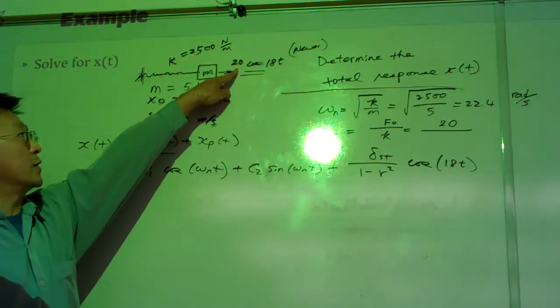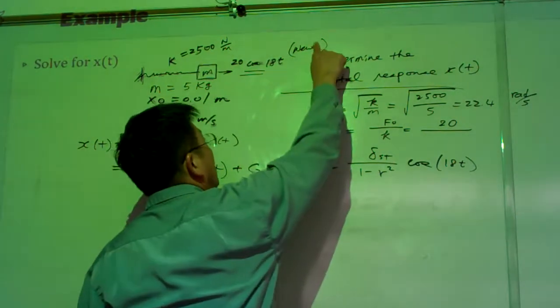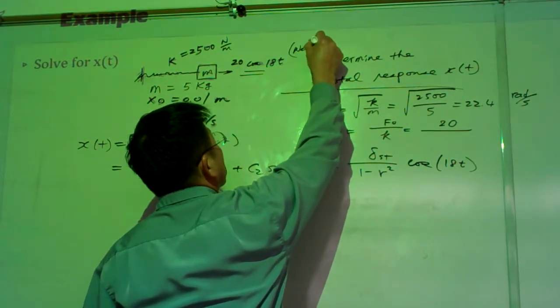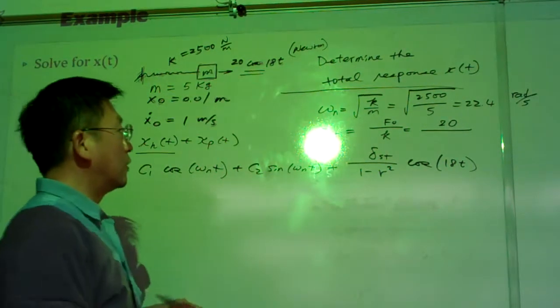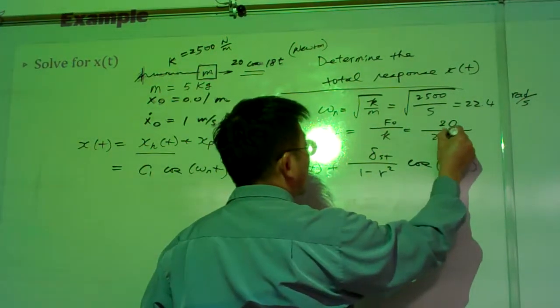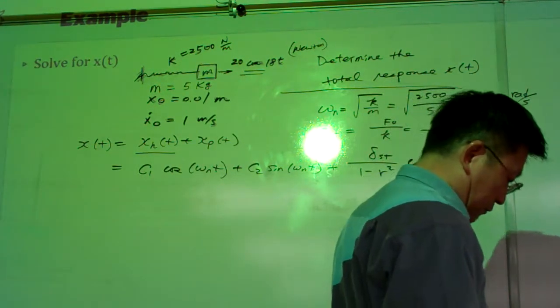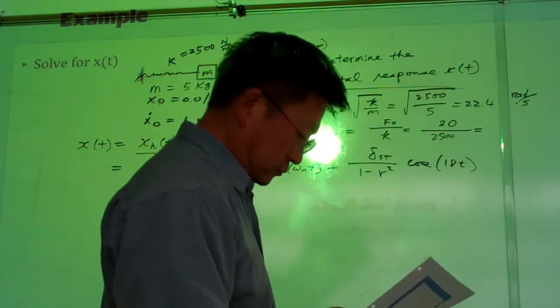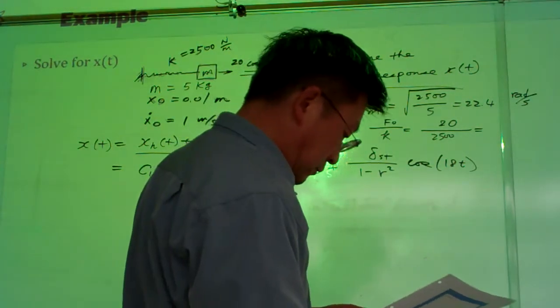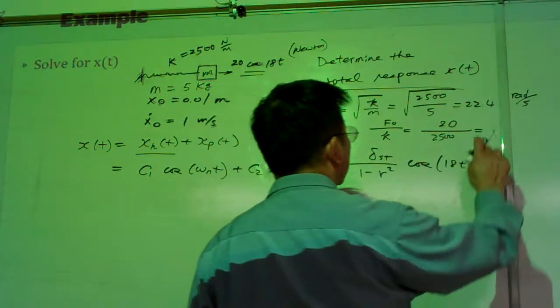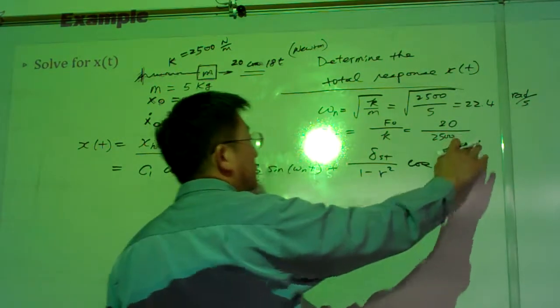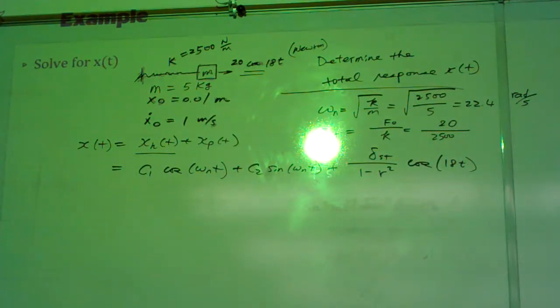Because here that is 20, and here we are given it in newton. Okay, so K is 2500, so that will be whatever number that is. I didn't write that one down, but that's okay.